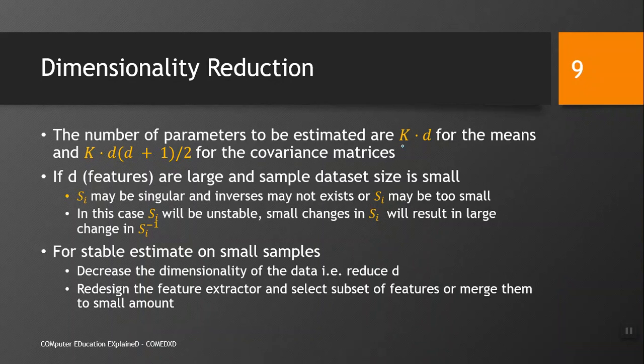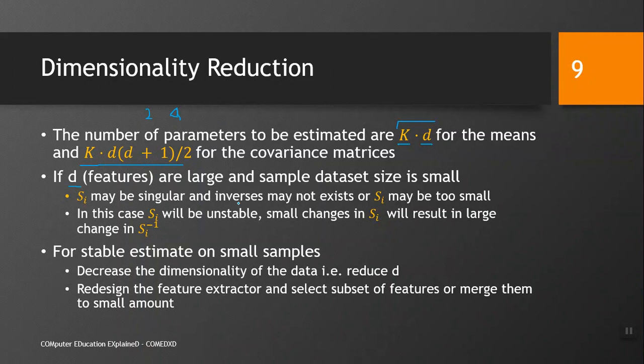In that case, if there are K classes and d features, then K multiplied by d parameters are needed for the means, and this many variances need to be computed. You are required to verify these figures. You can have, for example, 2 classes and 4 features, and then see whether these expressions are correct or not.